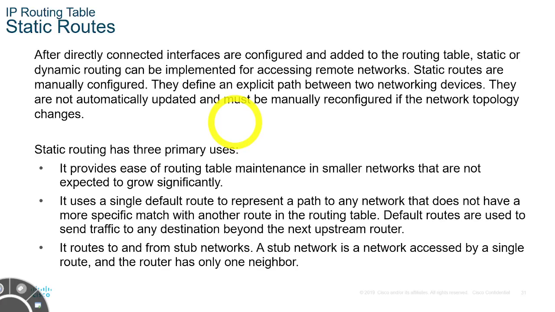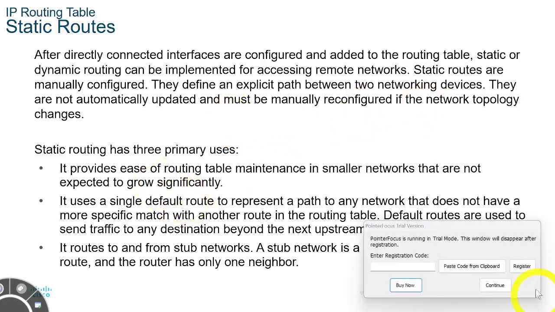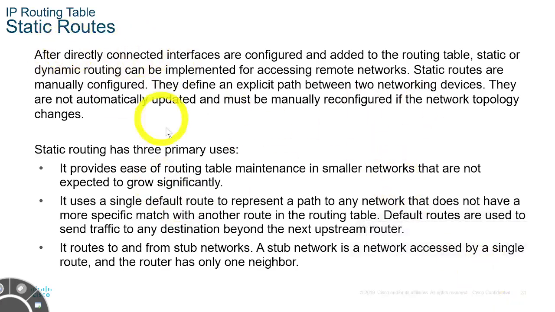Also, if we configure a route statically, it should be added to the routing table, and the routes that can be automatically and dynamically configured by routing protocols should also be added to this routing table. Okay. So static routes are manually configured and they define an explicit path between two networking devices.